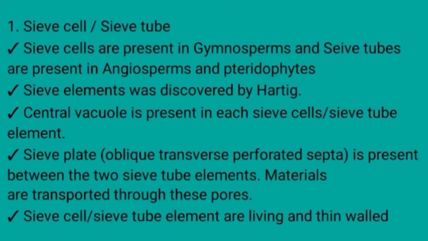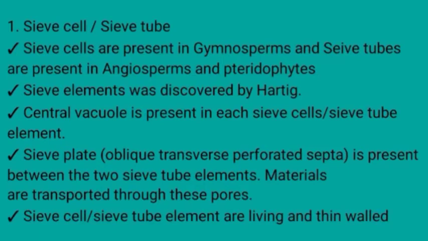Central vacuole is present in each sieve cell or sieve tube element. Sieve plate, an oblique transverse perforated septum, is present between the two sieve tube elements. Materials are transported through these pores. Sieve cell or sieve tube element are living and thin-walled.